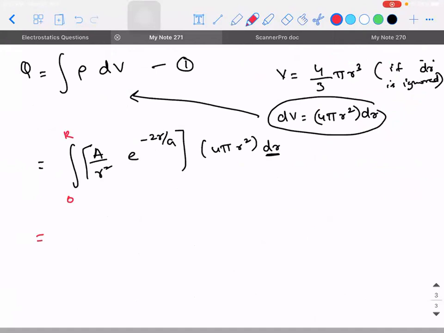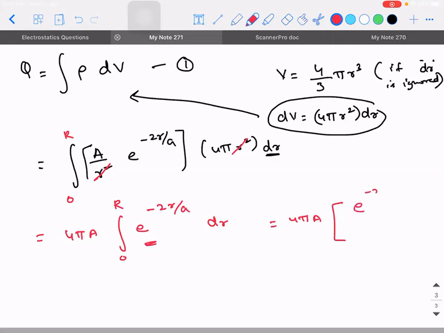Now be careful. This r square is gone. 4 pi A has come out. Integral of 0 to R, e power minus 2r divided by a into dr. So 4 pi A into, what is the integral of e power minus x?